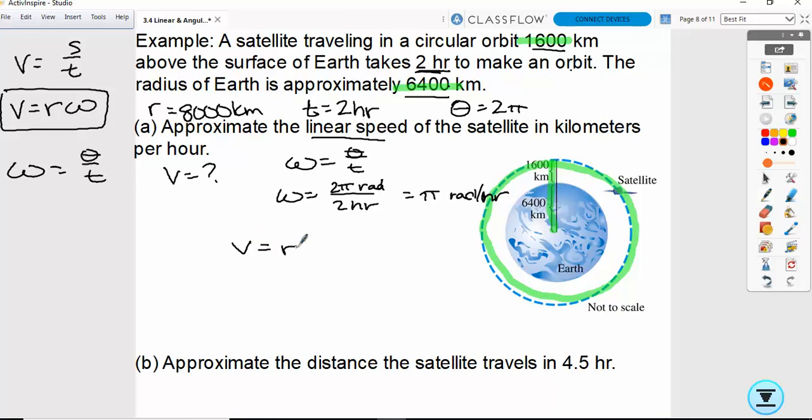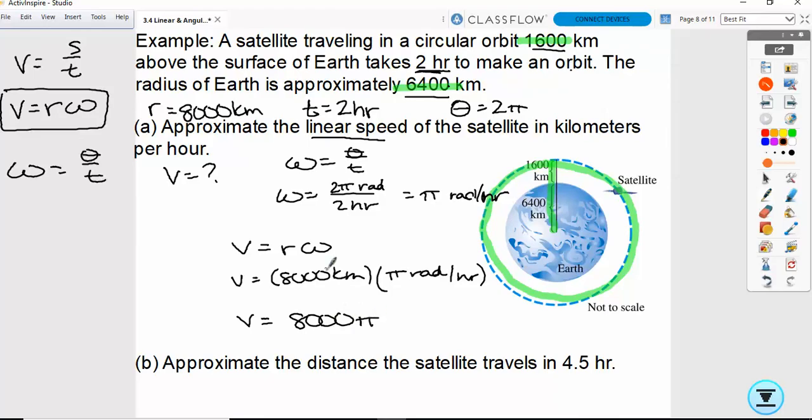So now we can do V equals R omega. My R was 8,000 kilometers. My omega is pi radians per hour. So we get 8,000 pi. The units, the radians will just disappear, so it's kilometers per hour.